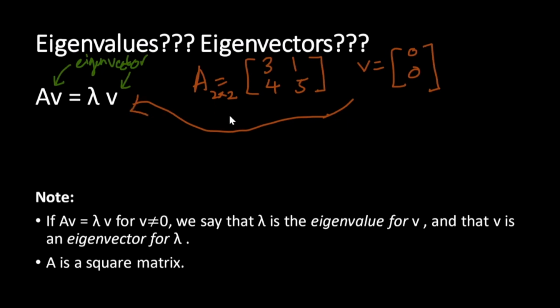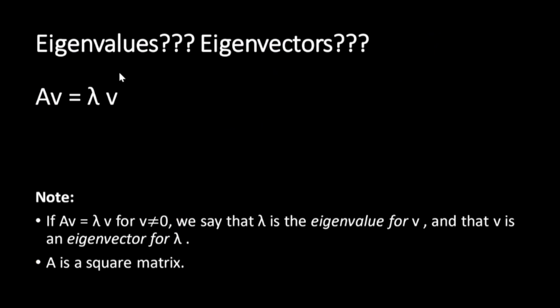However, the solution V equals 0, or when all entries are 0, is trivial and doesn't produce eigenvalues. And so if AV equals lambda V, the eigenvector V will never be equal to 0. And also in any case, the matrix A is always a square matrix. It could be 2 by 2, 3 by 3, 4 by 4.